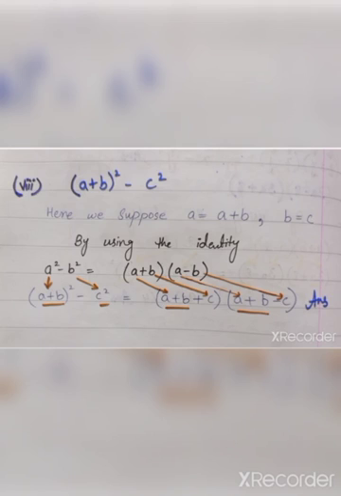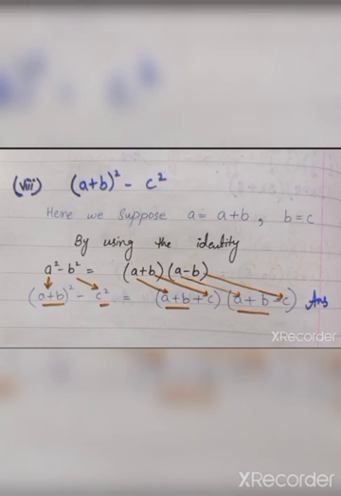Next we solve part 8 of question 2 exercise 8.6, that is a plus b whole square minus c square. In this part, first we recognize that it is a binomial where the first term is a plus b whole square and the second term is c square.